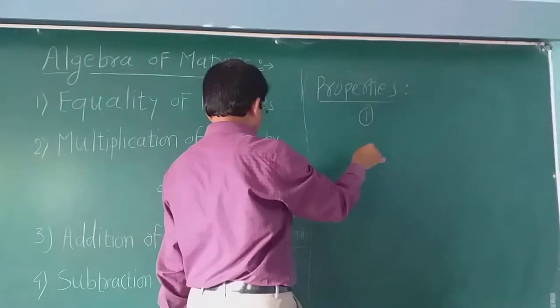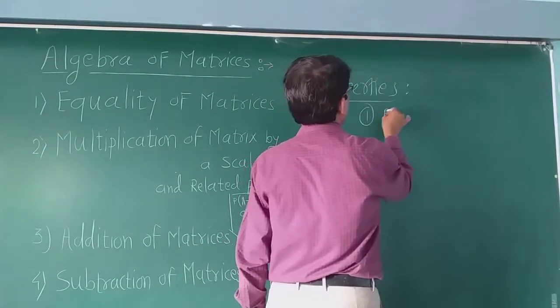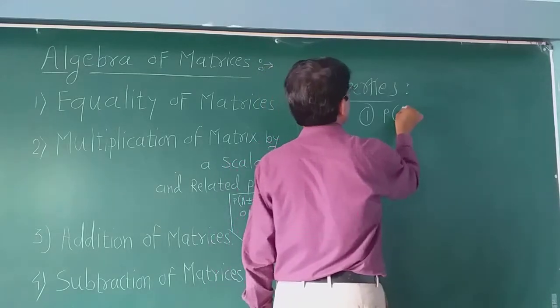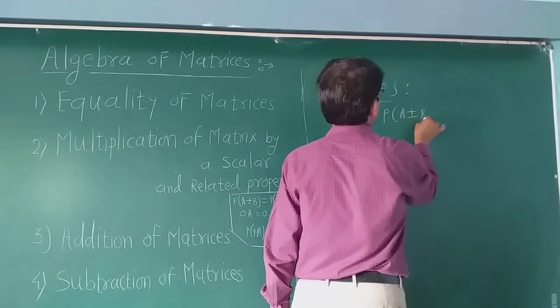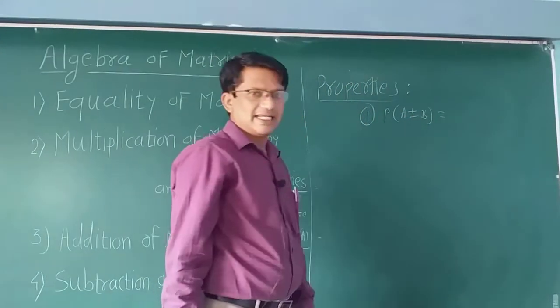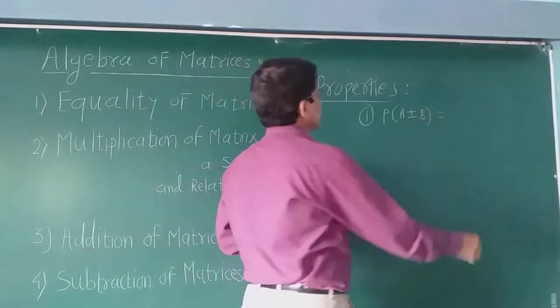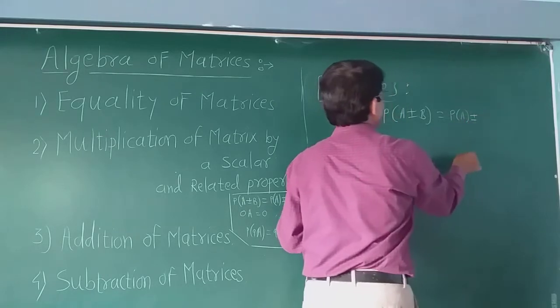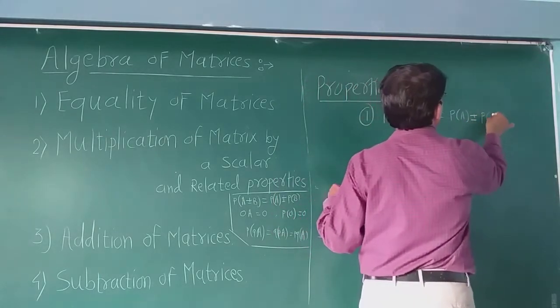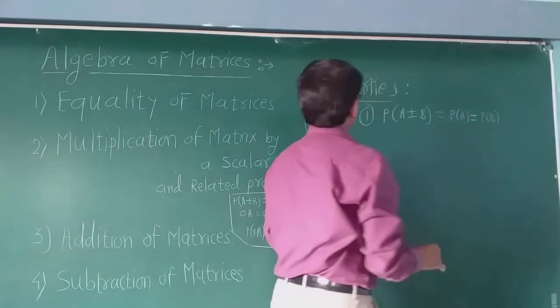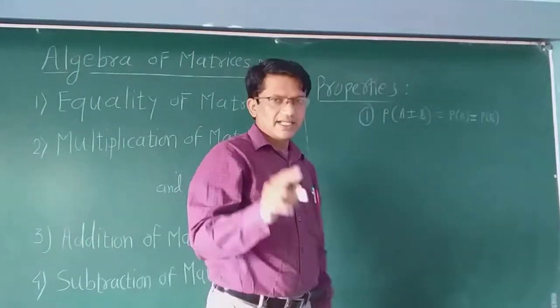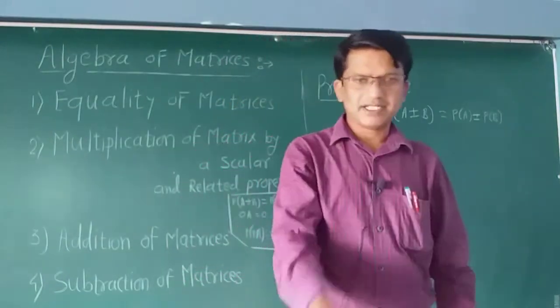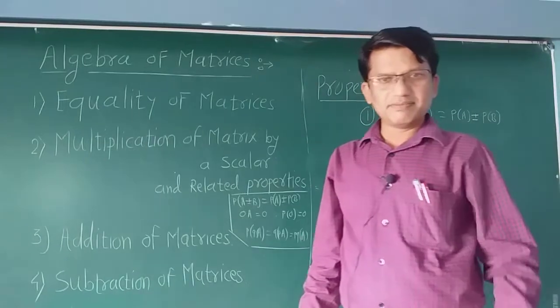The first property is P into bracket A plus minus B. We can represent this as P of A plus minus P of B. This is a property related with matrix multiplication. And what is the actual meaning of this?